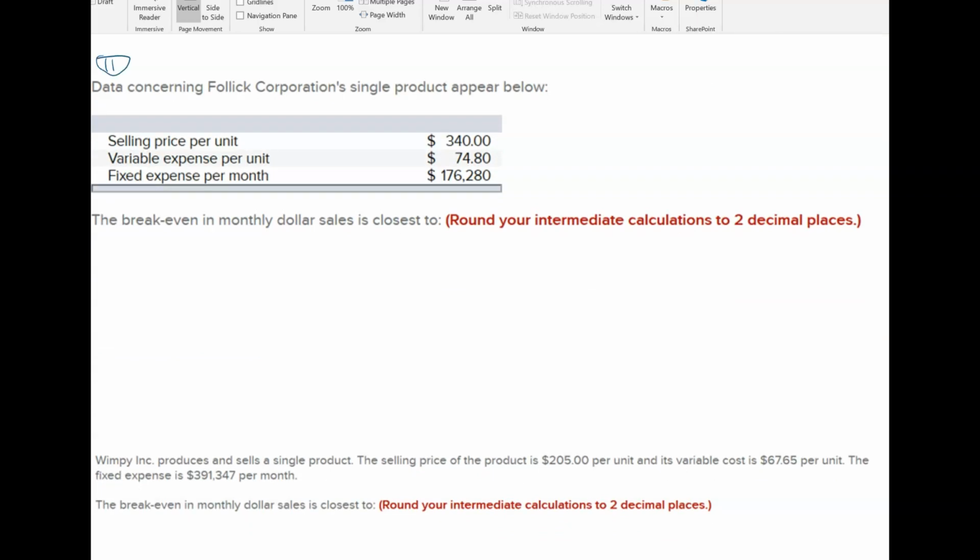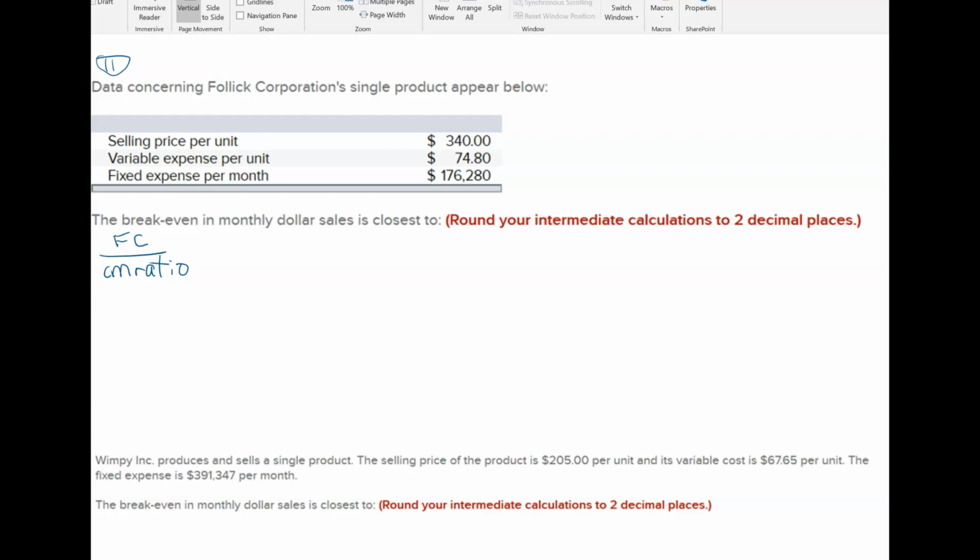Okay, 11. 11 is asking for the break-even in dollar sales. And the break-even in dollar sales formula is fixed cost divided by contribution margin ratio. So before we can calculate the break-even portion, we need to find out what the contribution margin is.